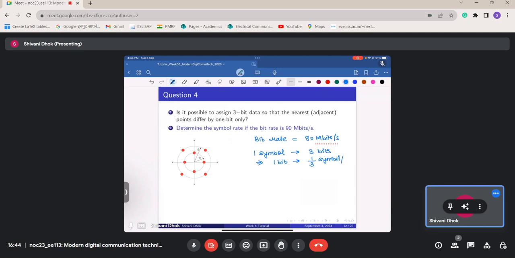This is symbol per bit, and therefore the symbol rate is equal to 1/3 of bit rate, which is 1/3 of 90, which is 30 mega symbols per second. Any questions?